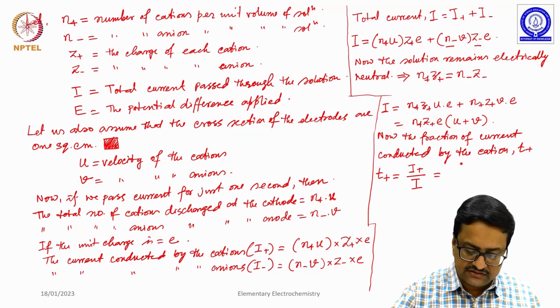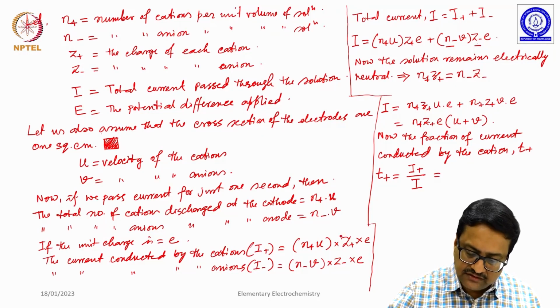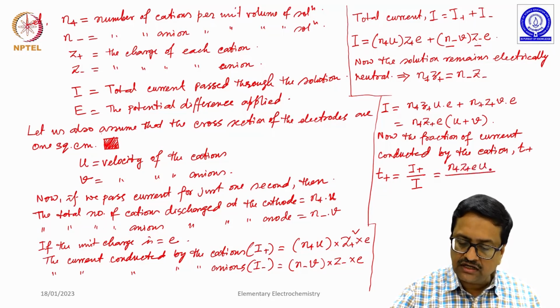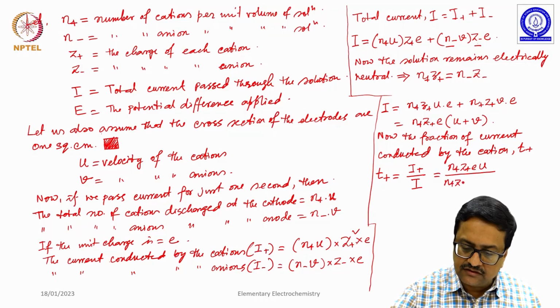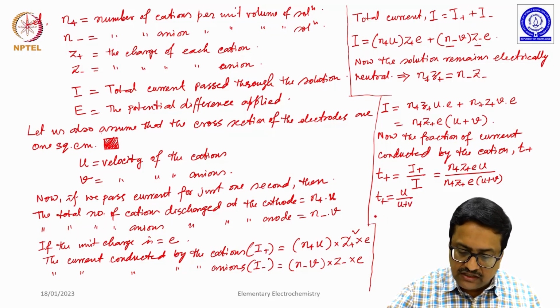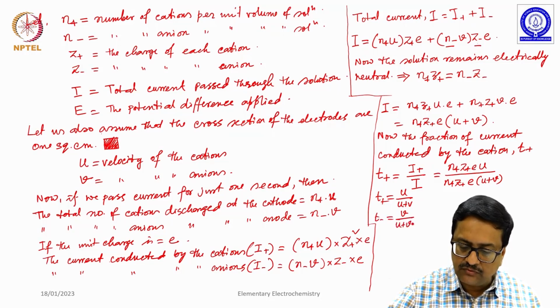So, I plus is nothing but this one, right, n plus Z plus E u, and total current is n plus Z plus E into u plus V. So, one can easily see that T plus is equal to u by u plus V. Similarly, T minus is equal to V by u plus V.